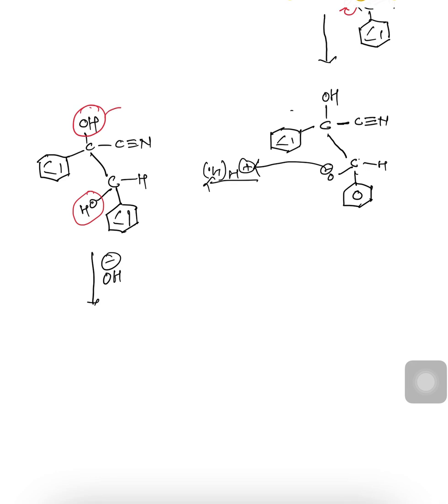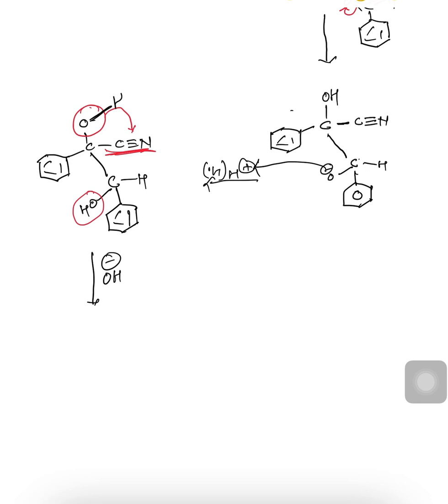Now this OH group is near to CN, which is an electron withdrawing group. So the OH which is attached to the carbon adjacent to CN will be more labile, so that hydrogen atom will be eliminated. So I am rewriting this hydrogen atom as a separate hydrogen atom because it will be eliminated.